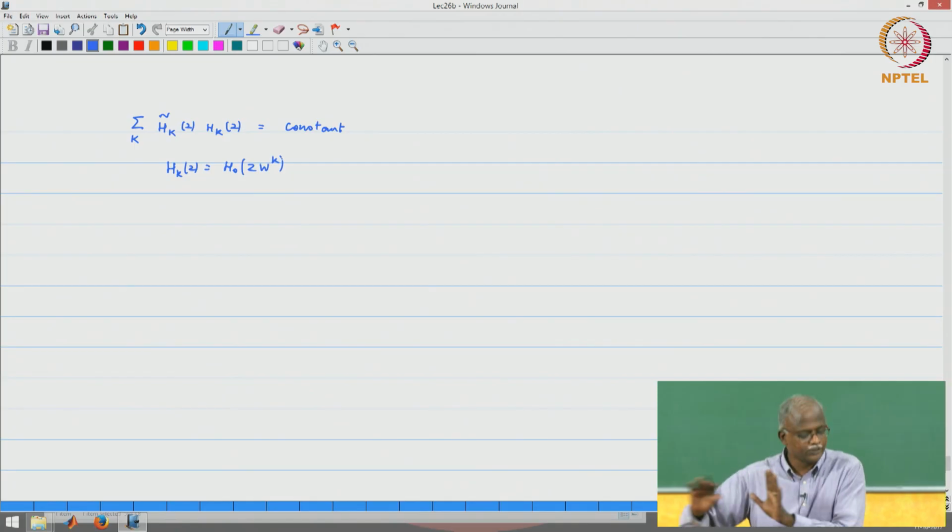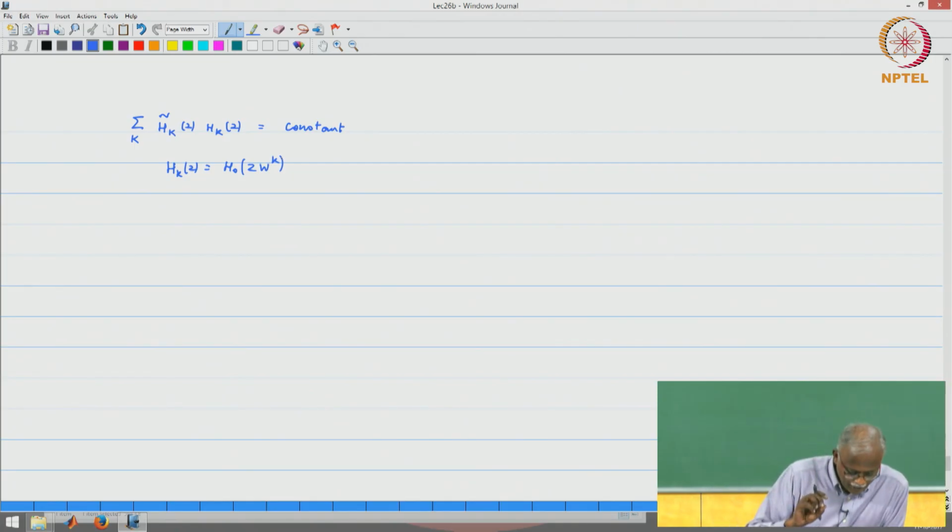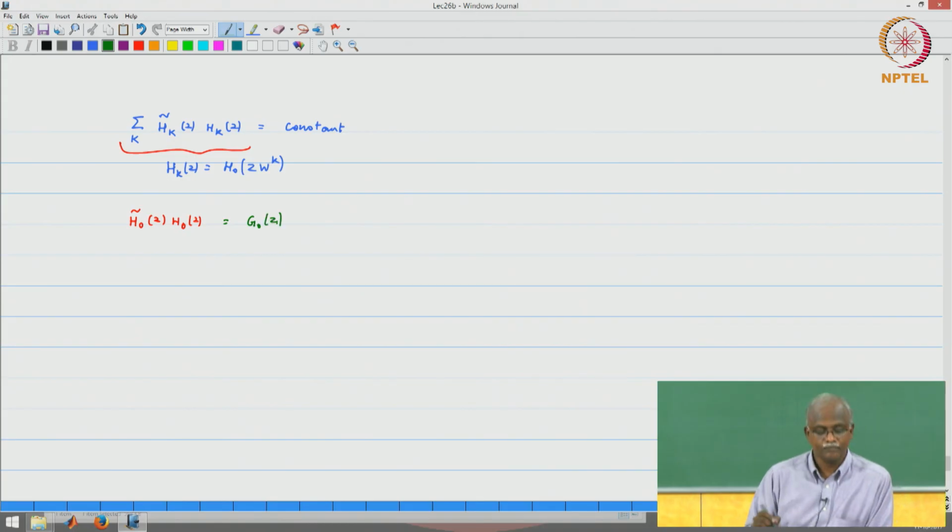These are all shifted versions of the filter. Now, a very important observation. The first term in this summation will be h0 tilde of z, h0 of z. Let me call this G0 of z.